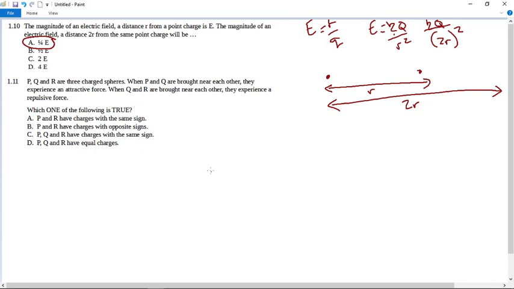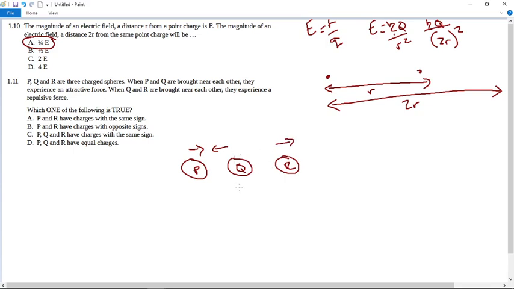Now 1.11. P, Q and R are 3 charged spheres. I always like to draw a diagram: P, Q, R. When P and Q are brought next to each other, they are attracted to each other. When Q and R are brought next to each other, they repel each other. So what do we know if they are repelling?